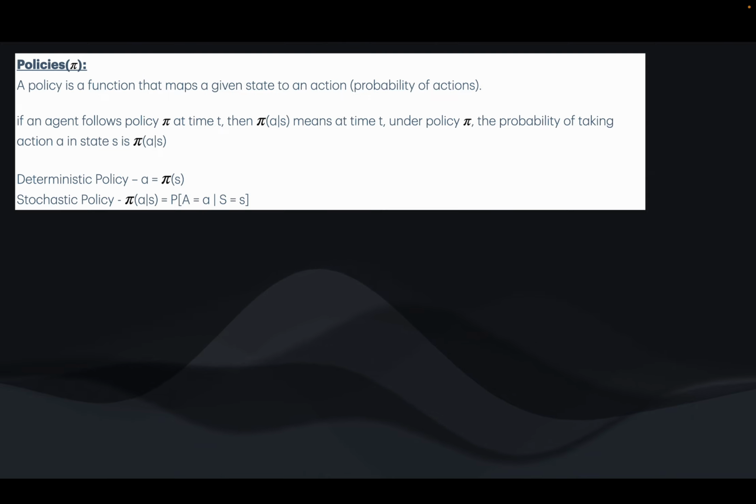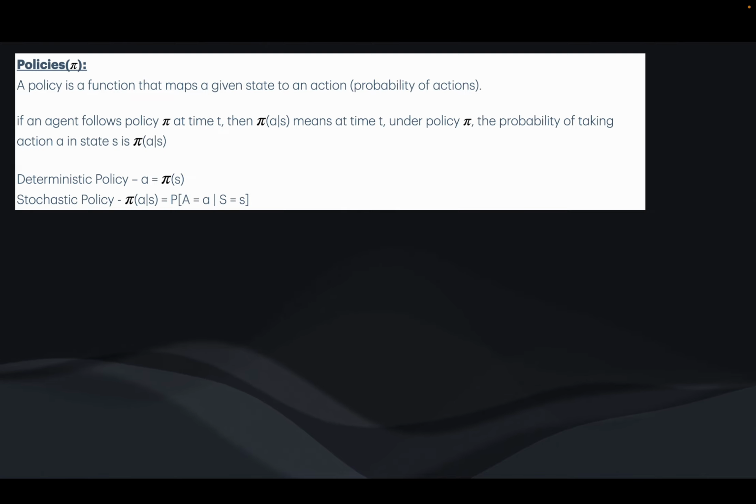If the maze is not slippery, that is a deterministic action: if the agent tries to go forward, it will always end up going forward. But if the maze is slippery, there is no certainty that the agent will end up going forward. It can move in a different direction due to the stochastic nature of the environment.